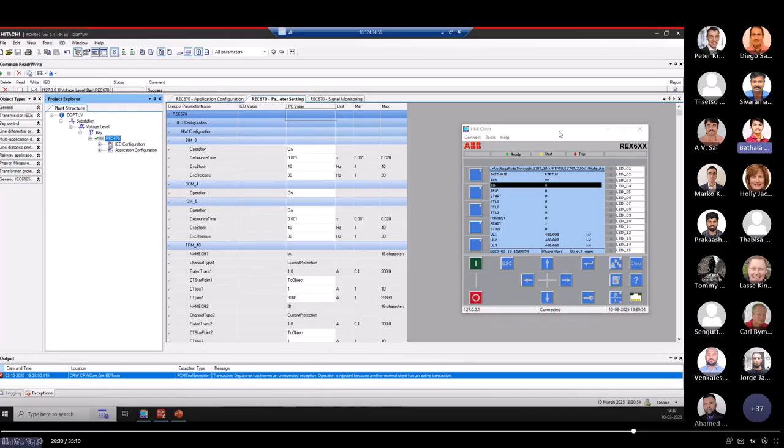Yeah, one more point I missed. When selected as phase to phase and phase to neutral, then only will it show all three outputs.